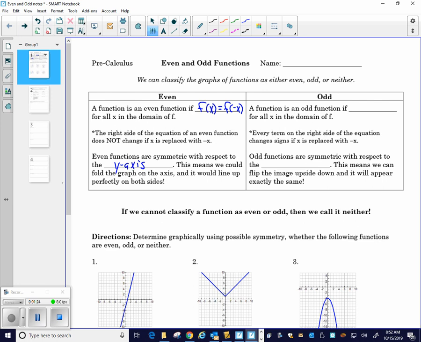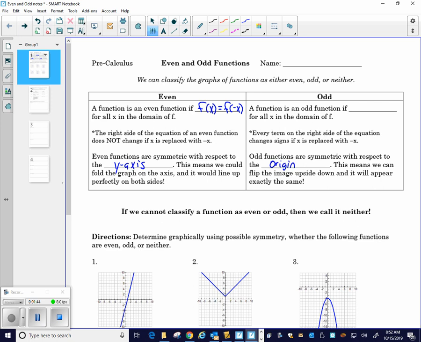For an odd function, we said that the symmetry for the odd function was around the origin, meaning that we could rotate the function 180 degrees, or basically just take your paper and flip it over, and it's going to look exactly the same as what it did before.